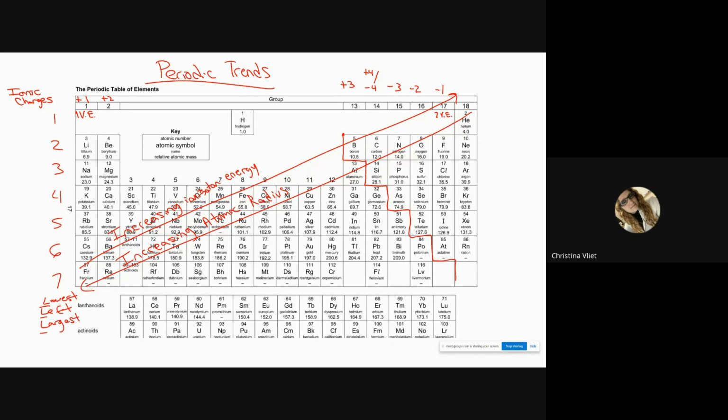Another way to remember this is the smallest atoms have the strongest hold. And so smallest typically equals strongest.